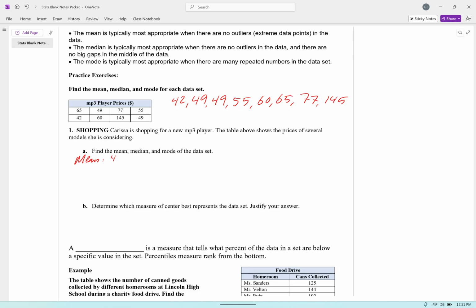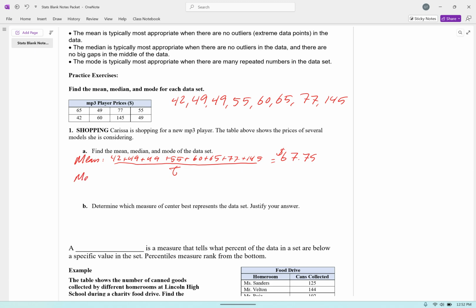You got to add them all together. 42 plus 49 plus 49 plus 55 plus 60 plus 65 plus 77 plus 145. And I'm going to divide that by the total number of data points, which is 8. I'll end up with $67.75 is the average price.